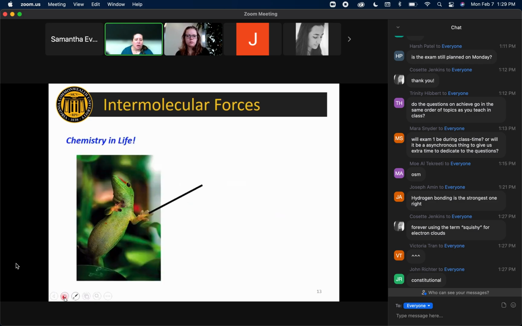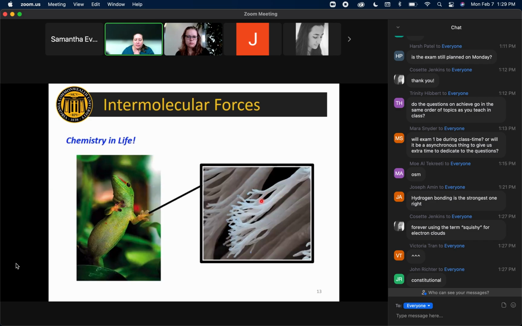Okay, so I don't know how many of y'all actually read your textbook, but this little guy is from your textbook. It turns out that on his fingers, this little gecko has all of these little tentacle-like things that come out, they're cilia. And on the edges, at every little one of these things, there's a bunch of nonpolar molecules.